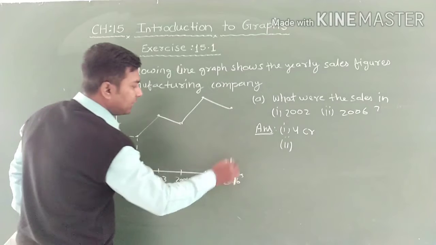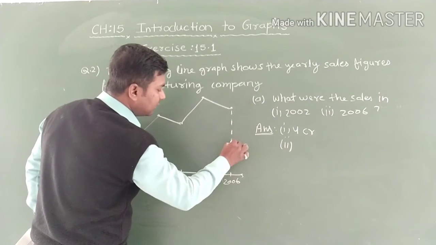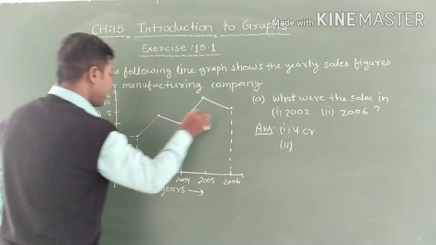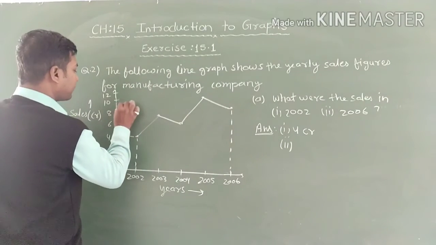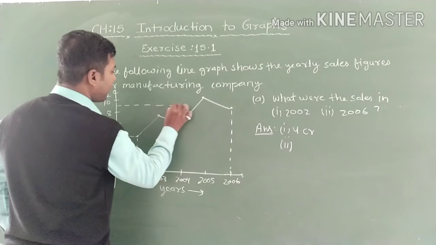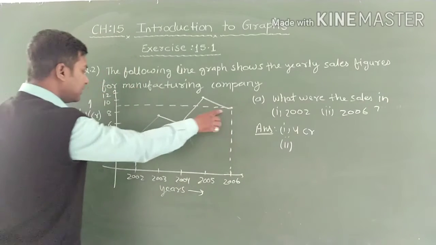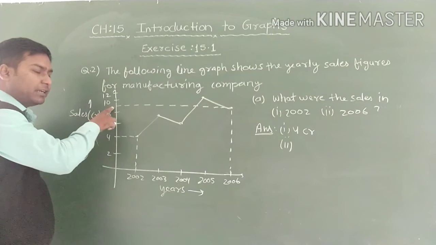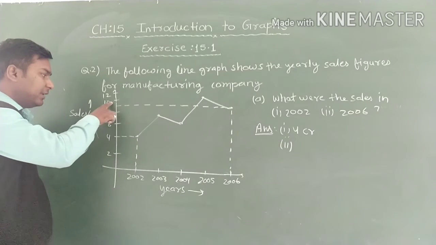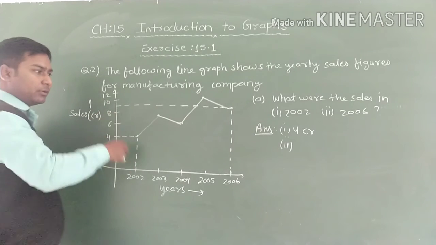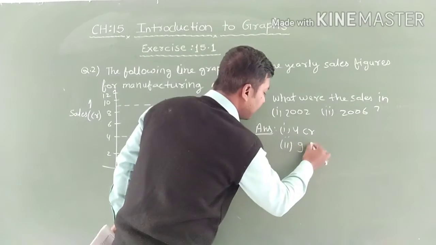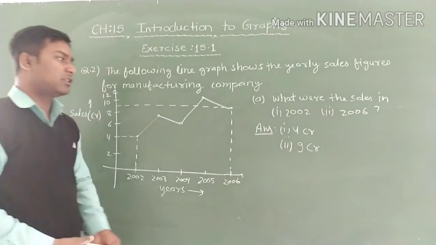Draw a dotted line. At 2006 the sale will be 9 crore, in between 8 and 10. The answer is 9 crore. So this was the A part.